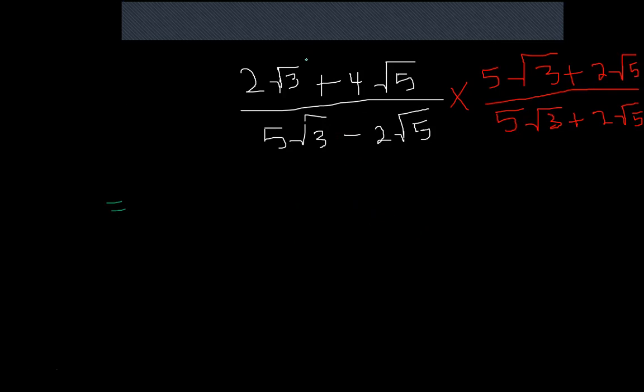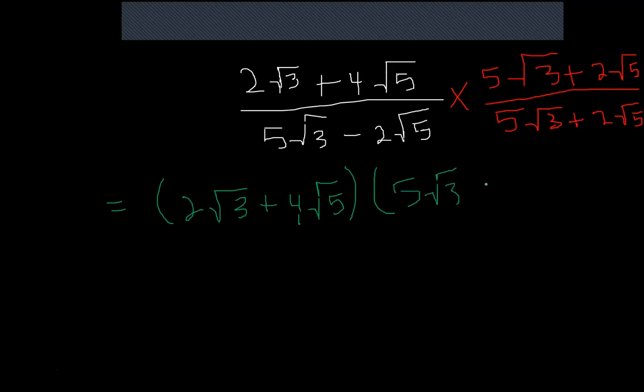Okay, I would just do it. So multiplying the numerators. That would be the same as 2 root 3, I'm just rewriting it. It's the same thing. 2 root 3 plus 4 root 5. Sorry, my mouse is giving trouble. Multiply by this thing called the conjugate.